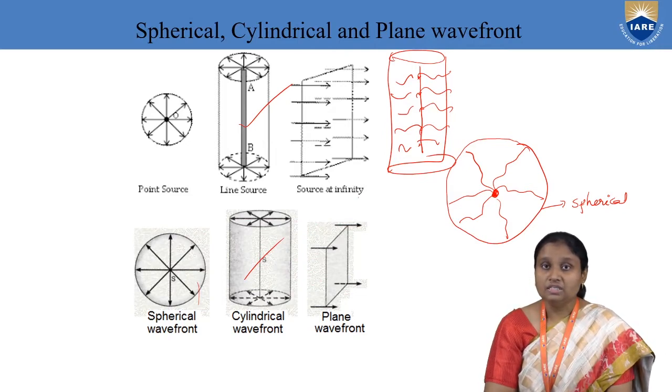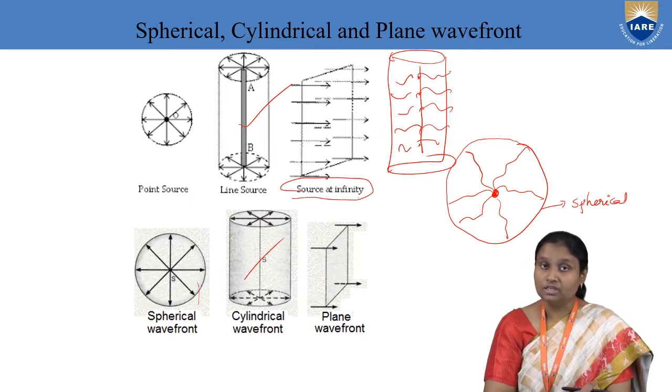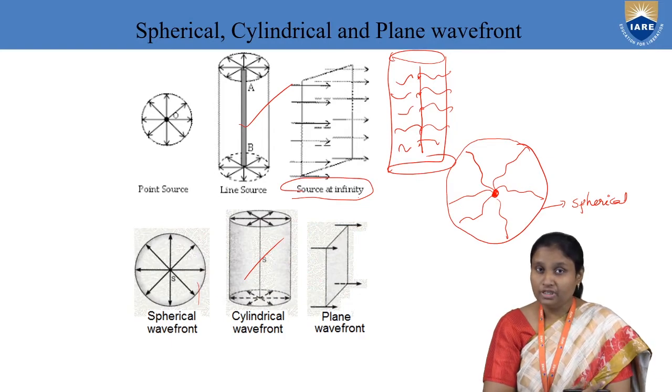In case of a plane wavefront, you can keep either your point source or extended source at infinite distance. So your source is at infinity. If you keep your point source or extended source at infinite distance, then if it is a point source, obviously we'll get a spherical wavefront. If it is an extended source, then we'll get a cylindrical wavefront.